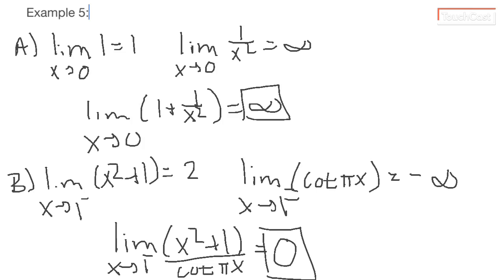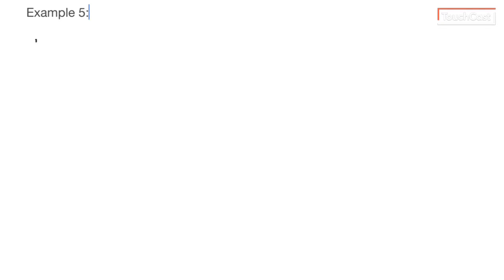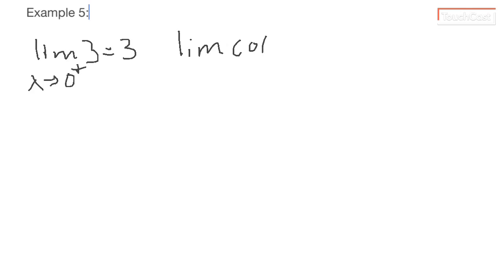Let's look at a couple more. So we have the limit of 3 as x approaches 0 from the right is 3, and the limit of cotangent of x as x approaches 0 from the right is infinity.